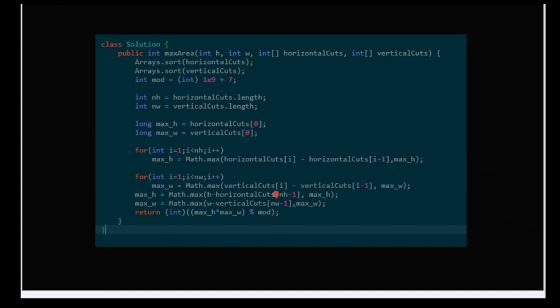Same we'll do for the vertical cuts. Then we'll also check for the boundaries, as the boundary distance might be much greater. We'll check that for both max of h and max of w. Whatever result we get, we'll multiply, and as said, we'll return the modulo.